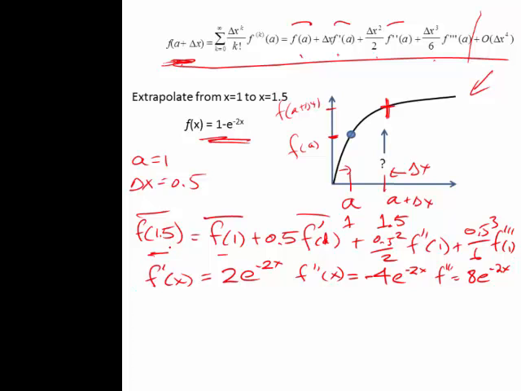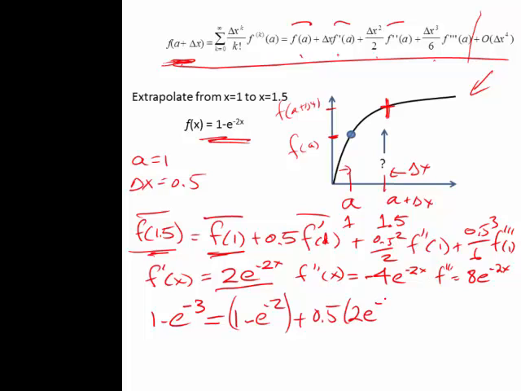Okay, so substituting in then, f at 1.5 would be 1 minus e to the minus 3, and that's equal to f at 1, which would be 1 minus e to the minus 2. That's the first term. And the second term is 0.5 times 2e to the minus 2, and since x is 1, we're just left with that.